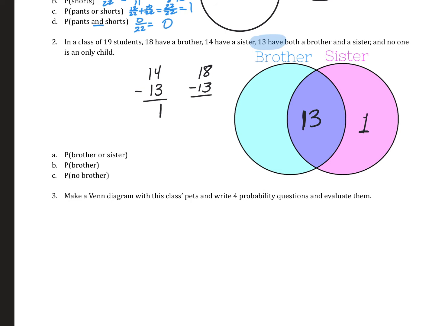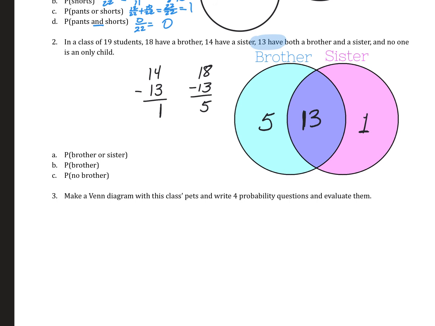And again, in a Venn diagram, we don't know exactly if the size is going to fit, so don't concern yourself with it looking proportionate. So this would be 5 people that just have brothers. I want to double check my Venn diagram to make sure that it does add up to 19. And 5 plus 13 is 18 plus 1 is 19. So this Venn diagram is accurate.